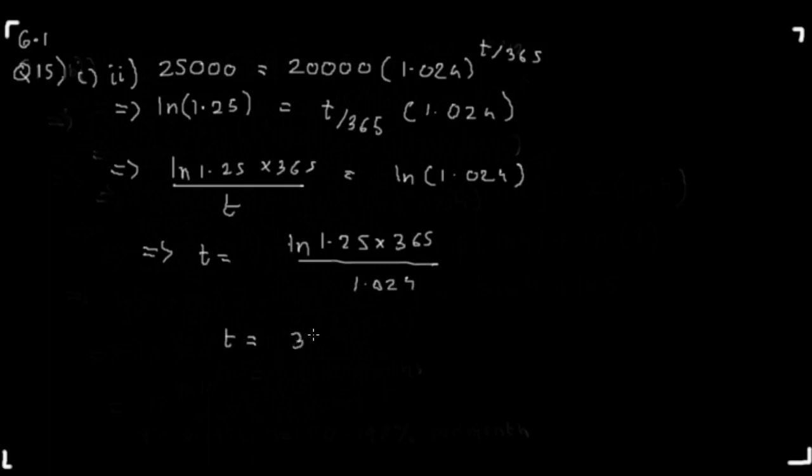Now, if you just work this out, it's going to be 3433 days. That's at least what I got. You may not get the proper answer, because the actual answer is 3435. You may be 2 days off.